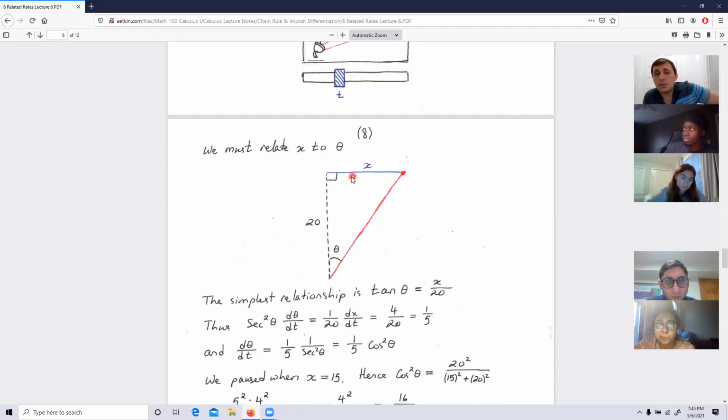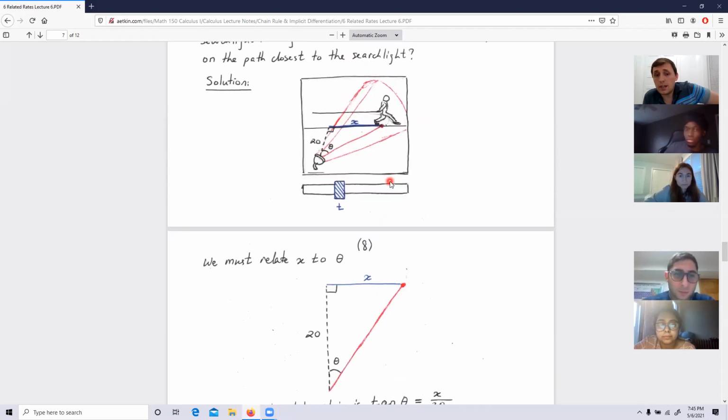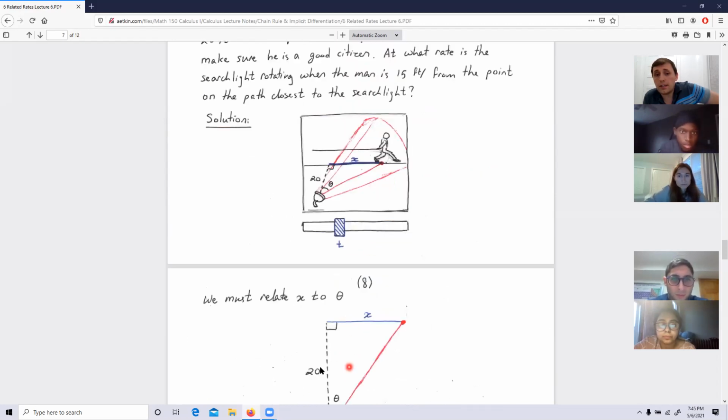So what's the nicest way? We are only interested in relating the angle theta to x. Can you figure out, guys? I want to relate the angle theta to x. What's the nicest way to do that? What's the easiest way to do that here?